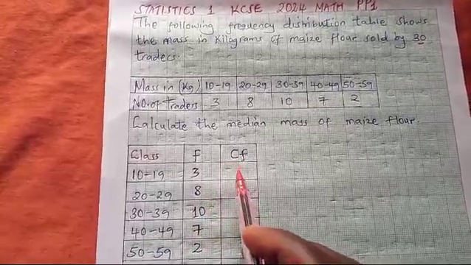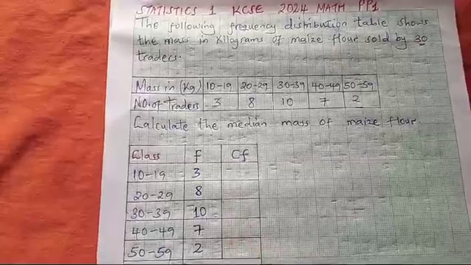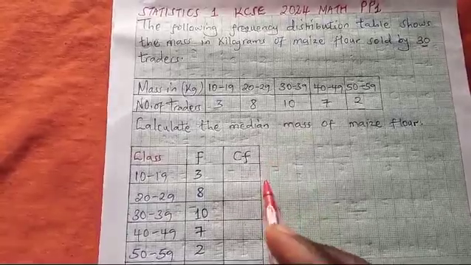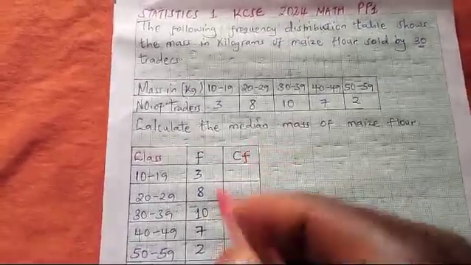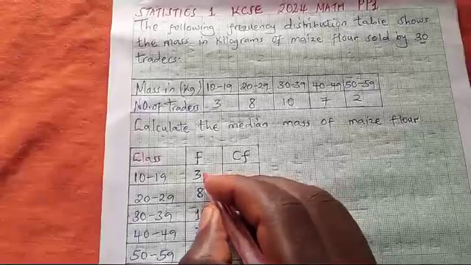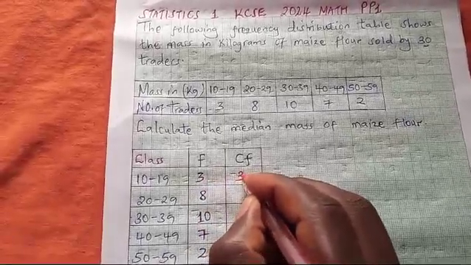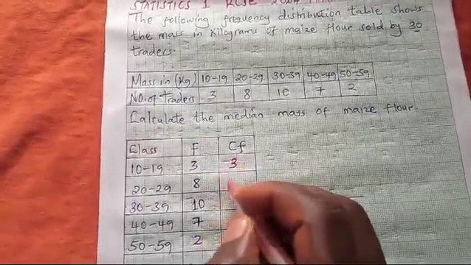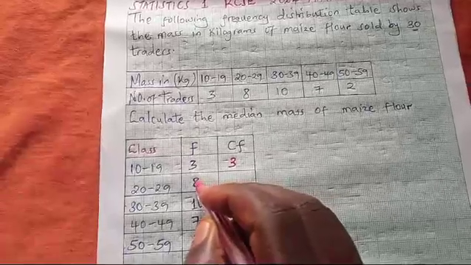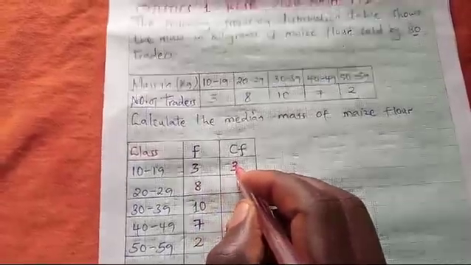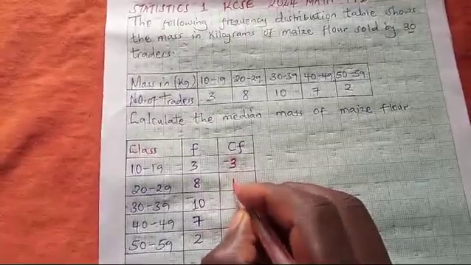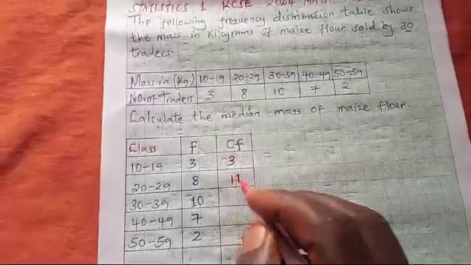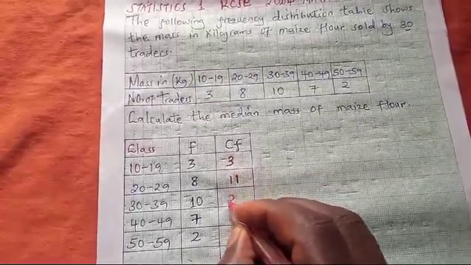Let us fill in the cumulative frequency before we move to the median. For the cumulative frequency, 3 will retain its position. In the second row it is going to be 8 plus 3, which gives us 11. The next one is 10 plus 11, which gives us 21.